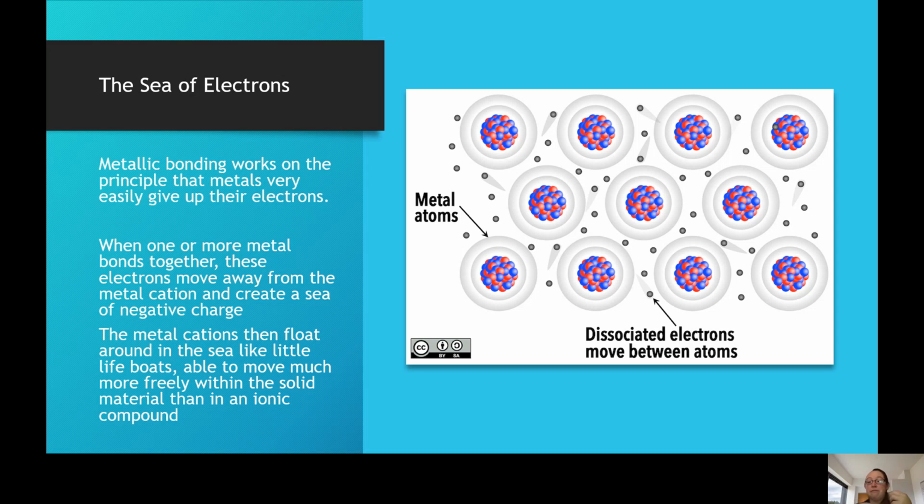So the electrons are moving freely between all these cations, and the cations basically are just floating in a sea of negative charge. And the fact that the electrons are easily able to move around, and the cations are easily able to move around, explains most of metal properties.